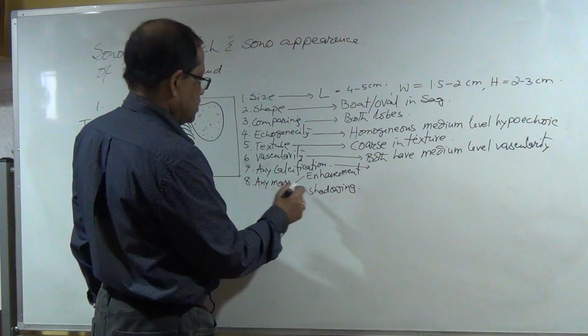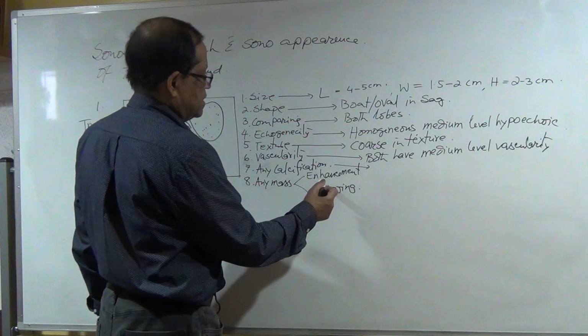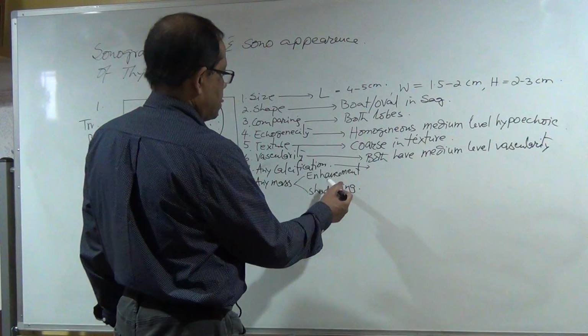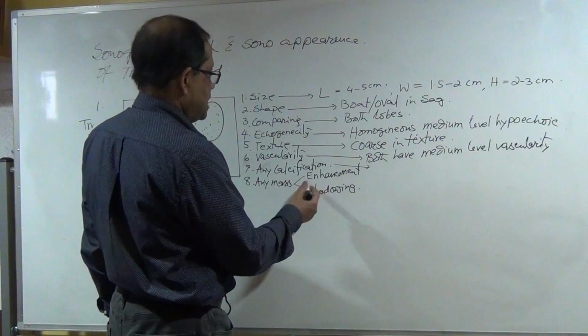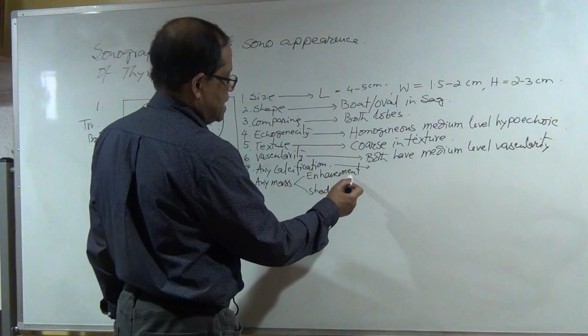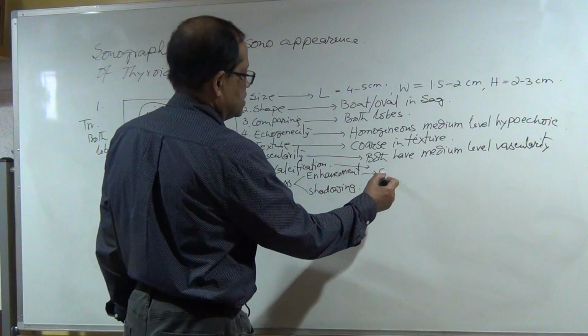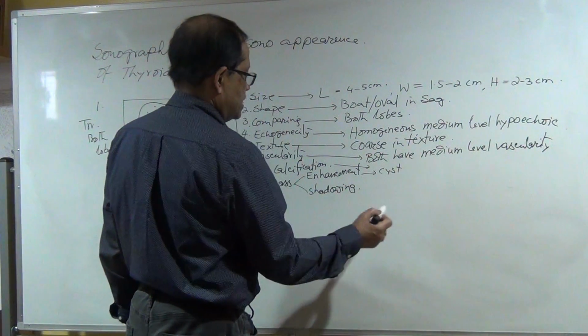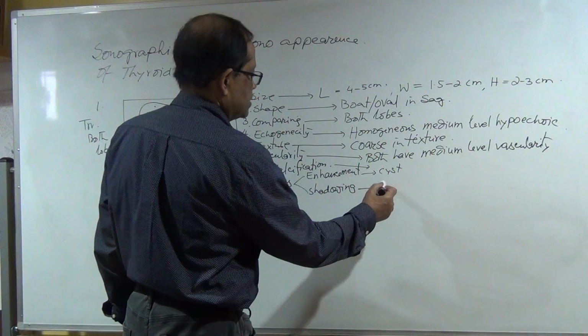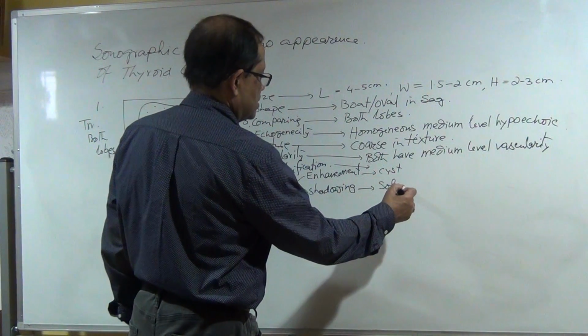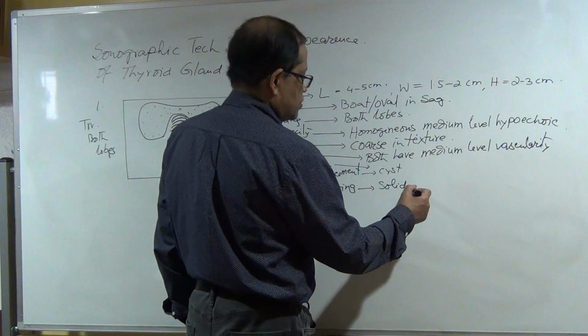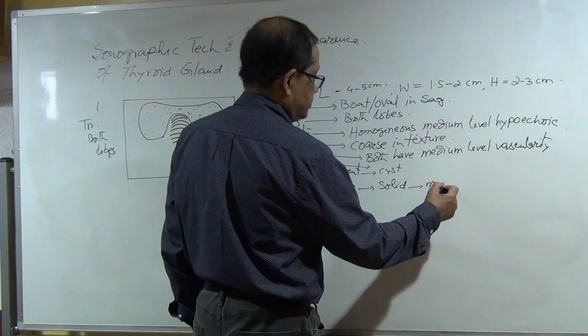And any mass enhancement, if that mass has enhancement, it comes from the cyst, mostly it is cyst, and the shadowing is a solid mass, solid malignancy.